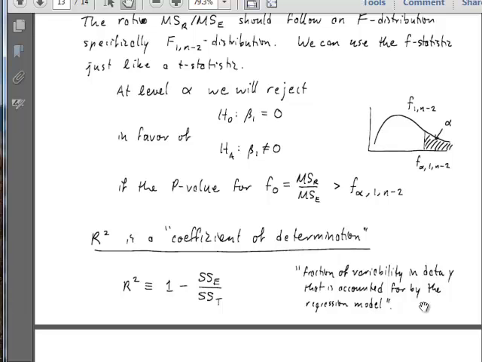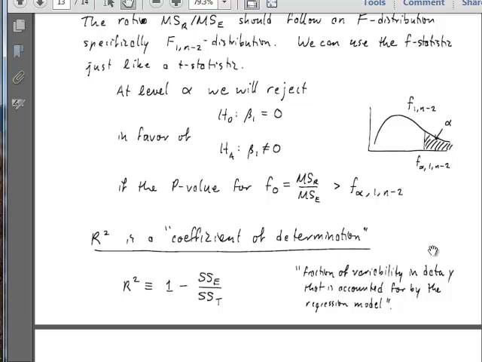So what we would really like here is for this to go to 1, and that means that essentially all of the variance in my variable y is accounted for when I include y's dependence on x. Okay, so if there's a lot of additional variance, then this value of r squared will be quite small, and that means that x has less and less to do with variable y.